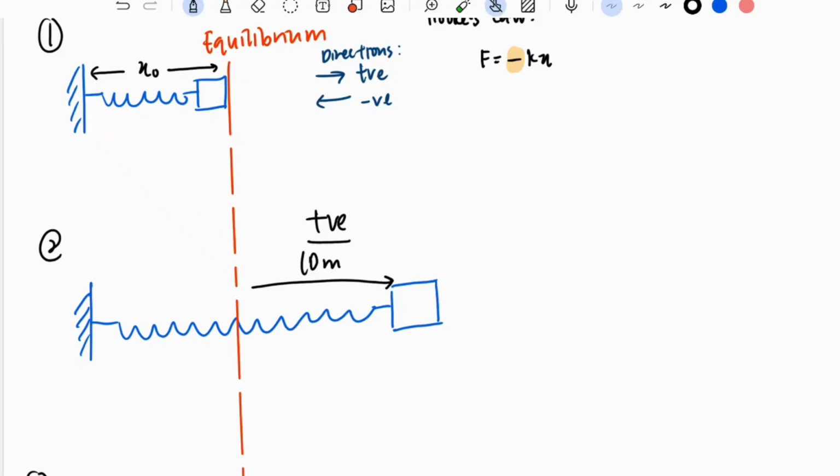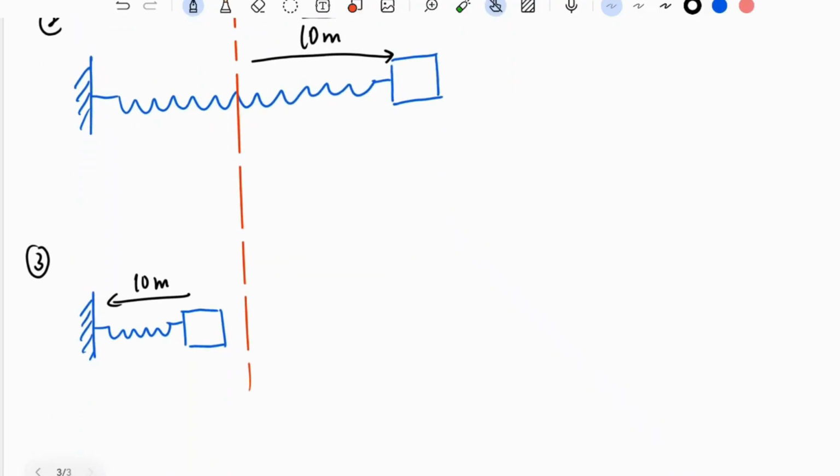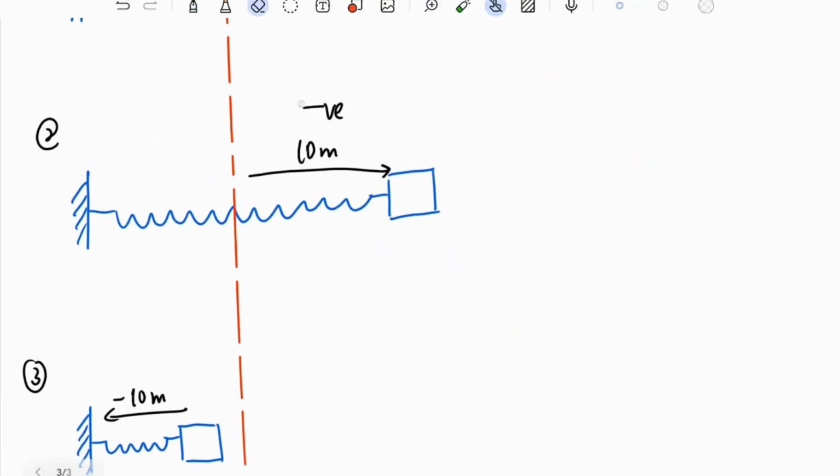And if it's to the left of my equilibrium position, it's negative. So I think it's better I just label this as negative and this as positive.